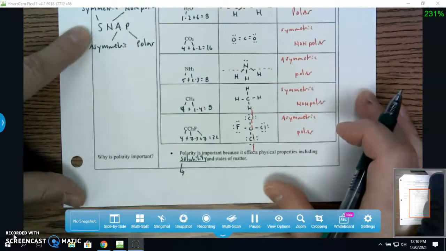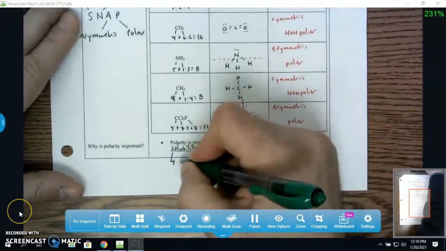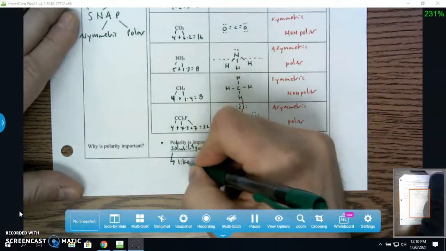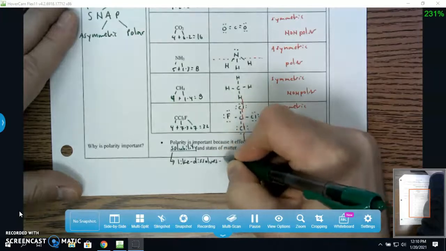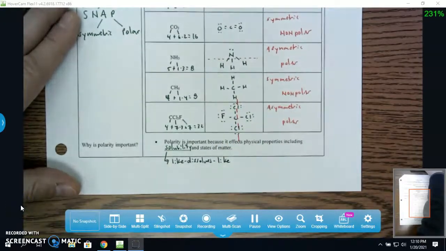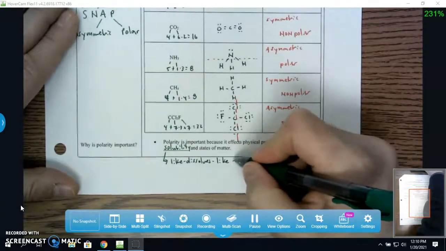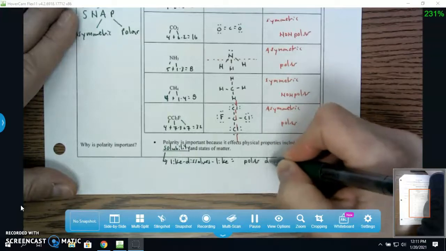Up here we've got an acronym for how polarity works. Here is a simple saying for how solubility works. The saying is, like dissolves like. Okay, let's think about this. What this statement means is that polar dissolves polar.